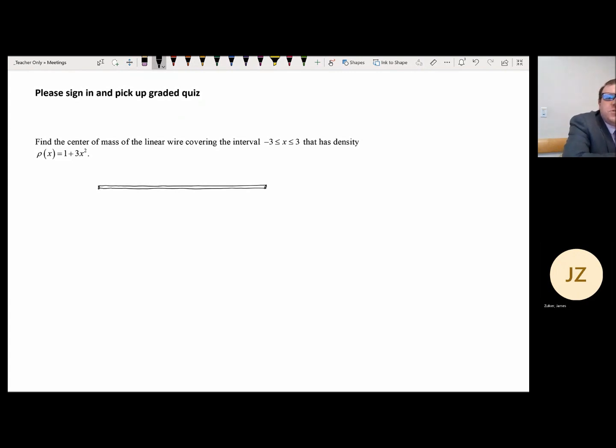What we're going to do is assume that this wire is thin enough that we can treat it as just one-dimensional.